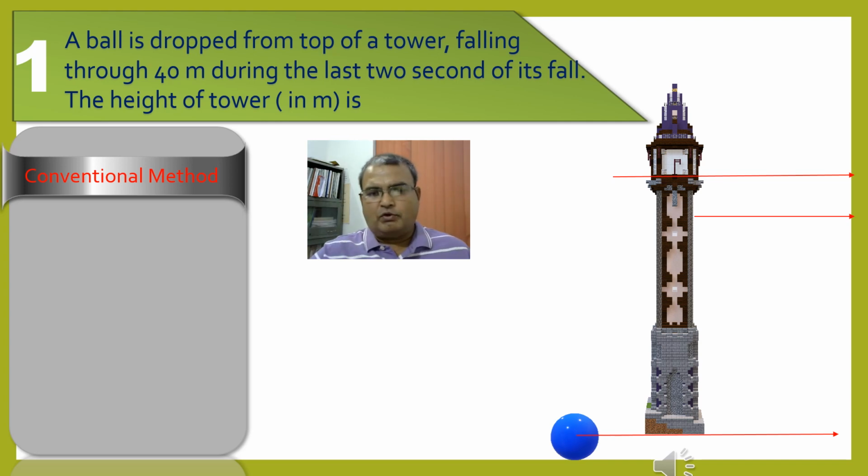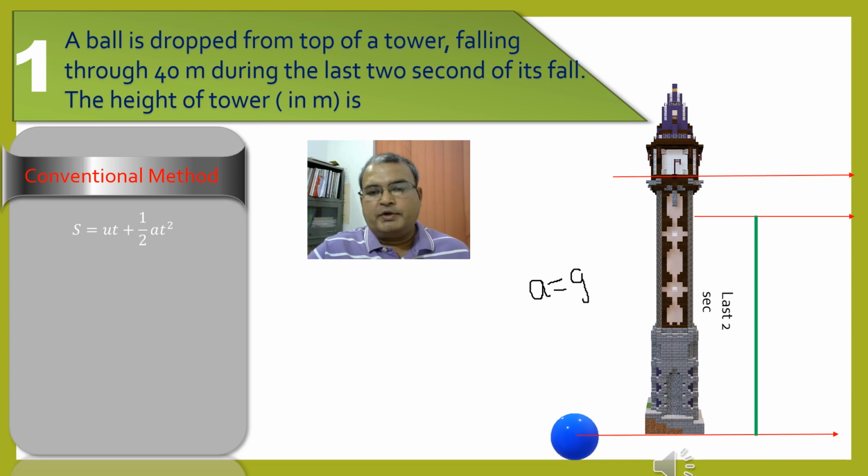First of all, we are going to solve this problem in the conventional method, in which the equations of kinematics are used, which we already studied in previous videos. S equal to ut plus half at square, isn't it? Here in our problem, acceleration is nothing but g, which is due to gravity.